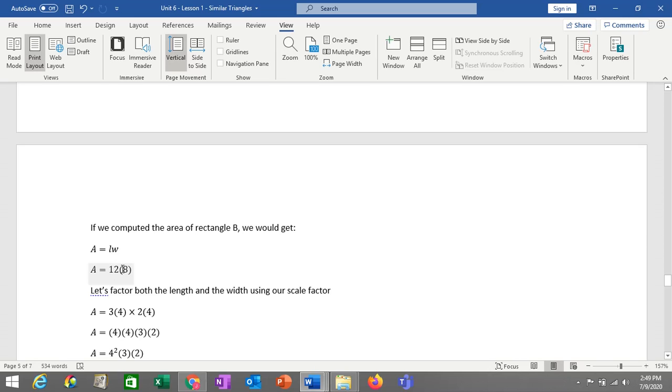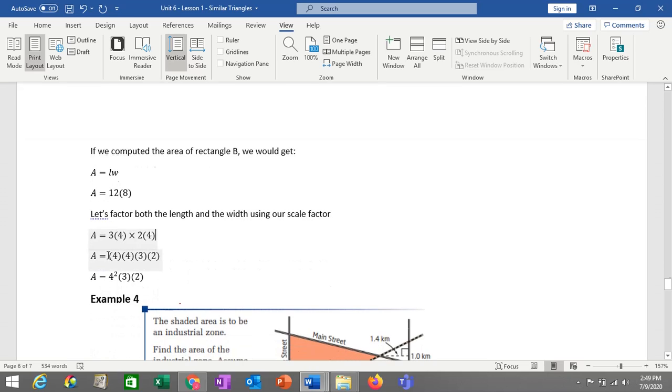So let's show that, right? 12 is 3 times 4. And then 8 is 2 times 4. You have the original sides here, and you're blowing them up by 4. So that's really what you've got going on here, right? 3 times 4 times 2 times 4. So it's multiplication. We can rearrange stuff however we want, right? 3 times 4 is the same as 4 times 3. So we'll just rearrange it so the 4s are in the front.